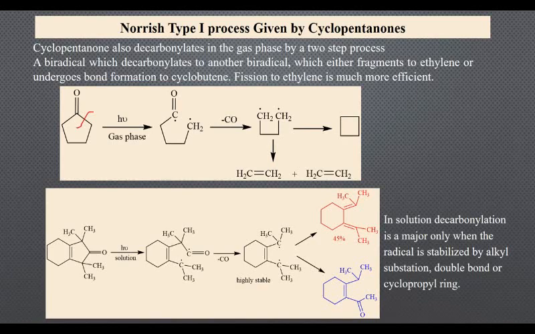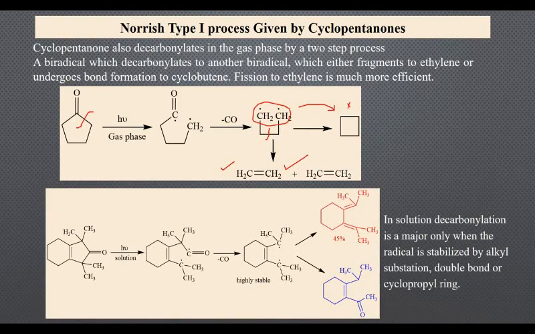After decarbonylation, this 1,4-biradical either cyclizes to cyclobutane or it is cleaved to give two molecules of alkene. And the fission or cleavage to this alkene or ethylene is more efficient, as this cyclobutane is less stable.